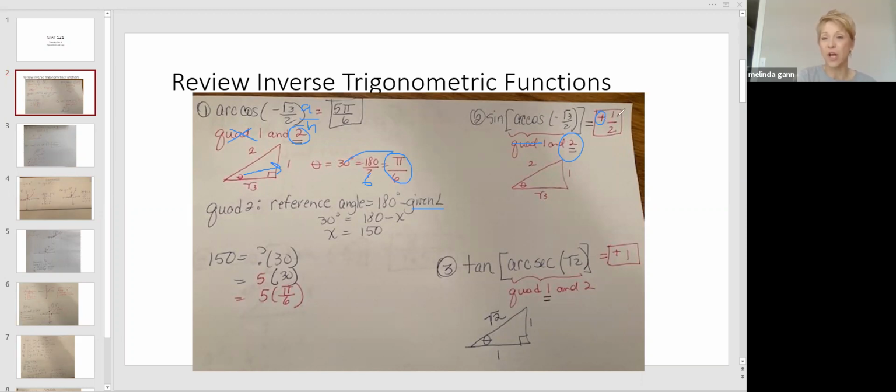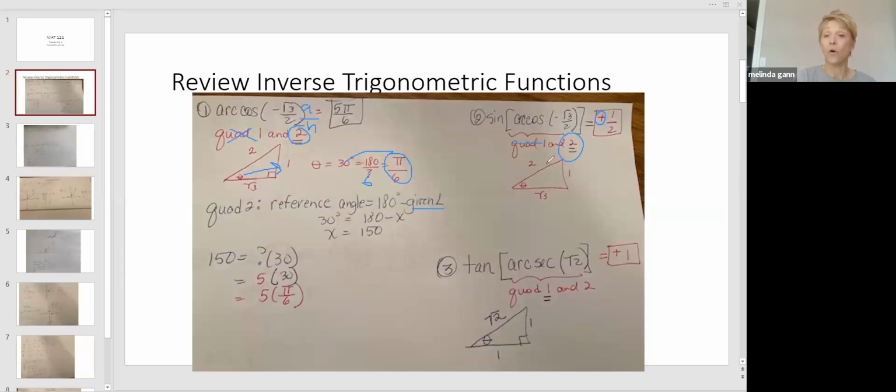Now, how did I get the number part? I went back and built this triangle. Cosine is adjacent over hypotenuse. So I made my adjacent side the square root of 3 and my hypotenuse 2. Pythagorean theorem made that 1. Now let me remind you, don't ever put a negative on a length. A side can't have a negative length. So that negative is just telling me what quadrant. That's not the length of the side.